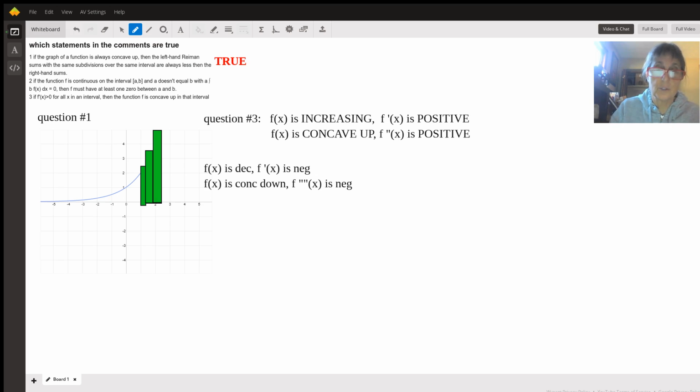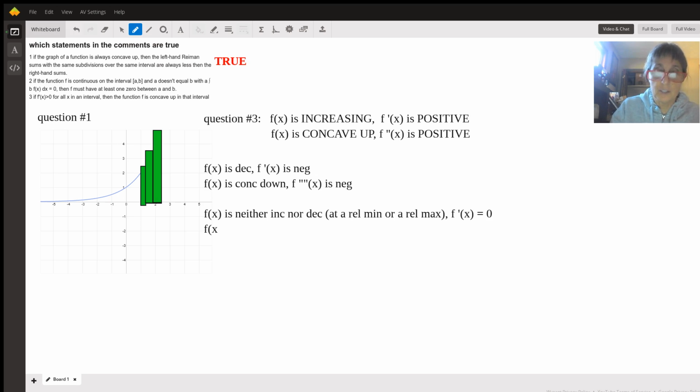And you can also say that if f of x is neither increasing nor decreasing, like at a relative minimum or maximum, then the first derivative is 0.